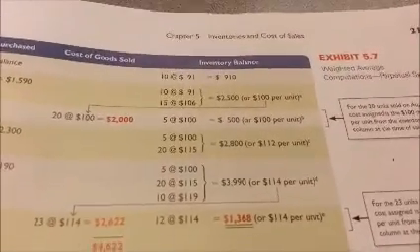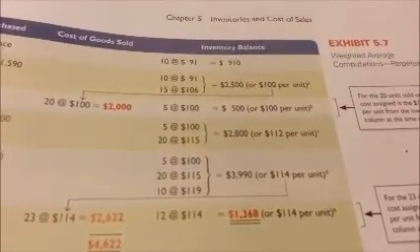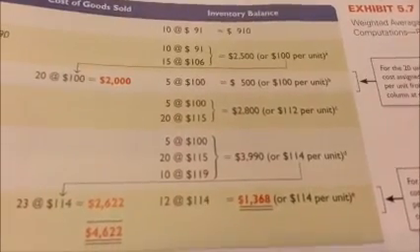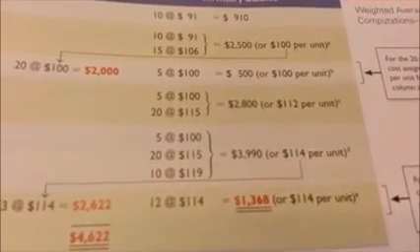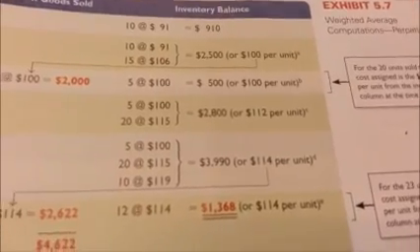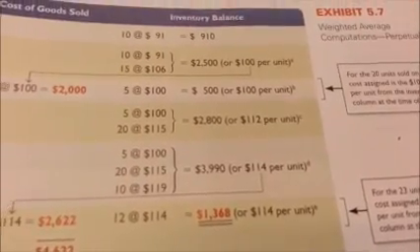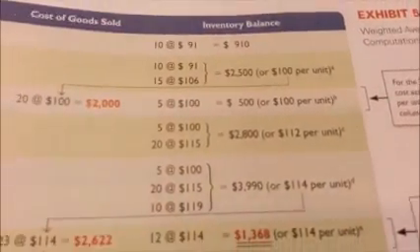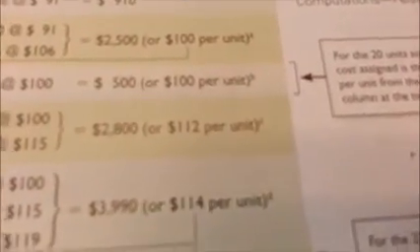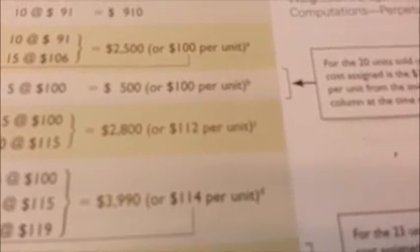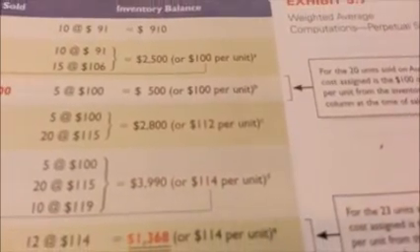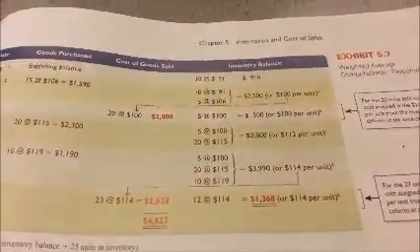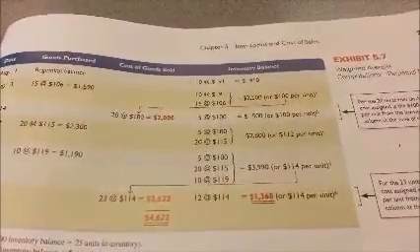So I've got 5 units at $100 or $500, plus my 20 units at $115 to give me $2,800 total, divided by the 25 units I have available for sale, or a new single weighted average cost of $112 per unit.